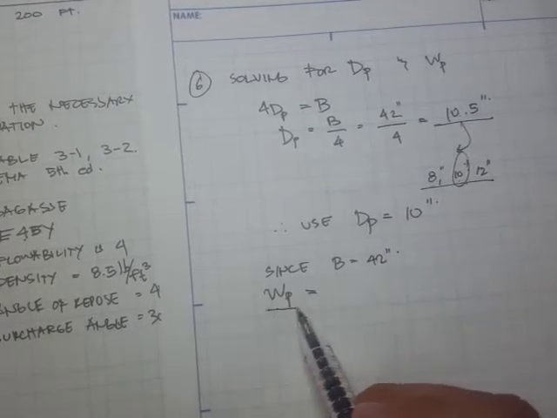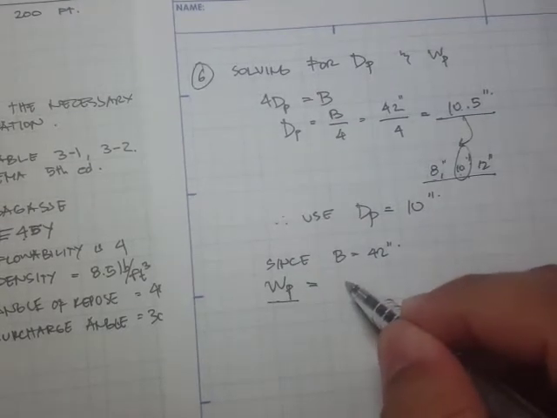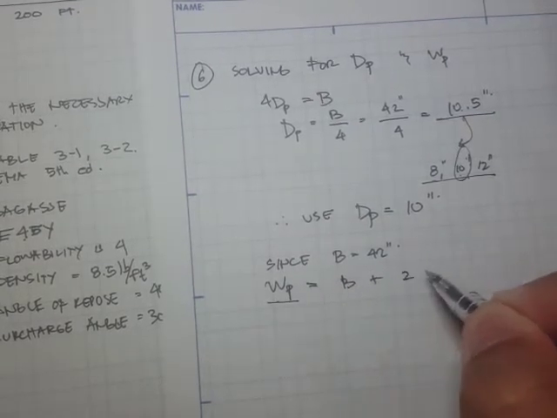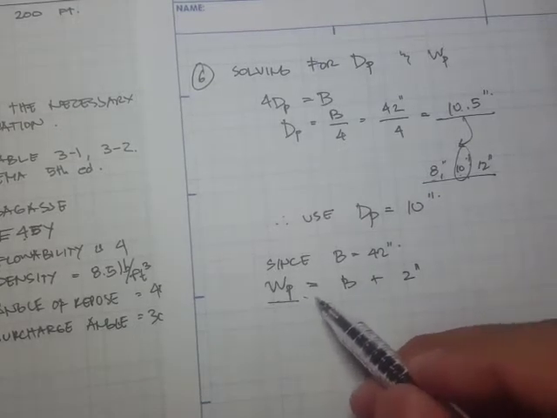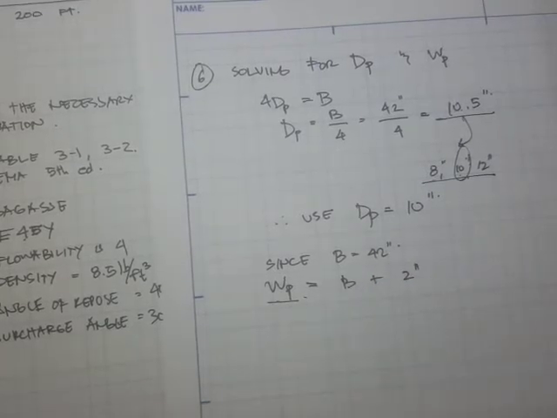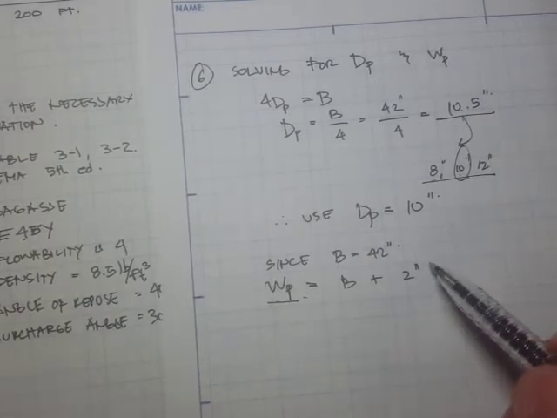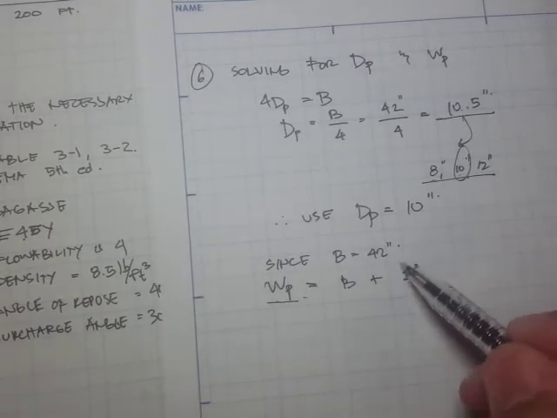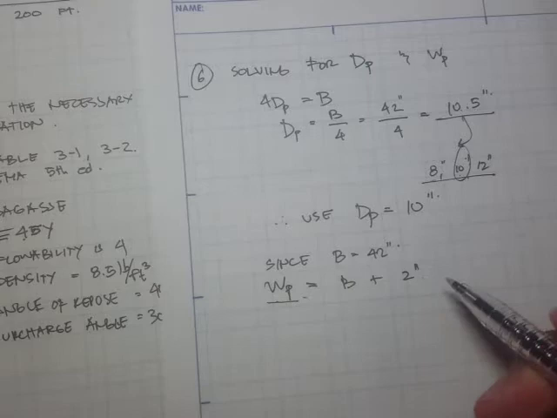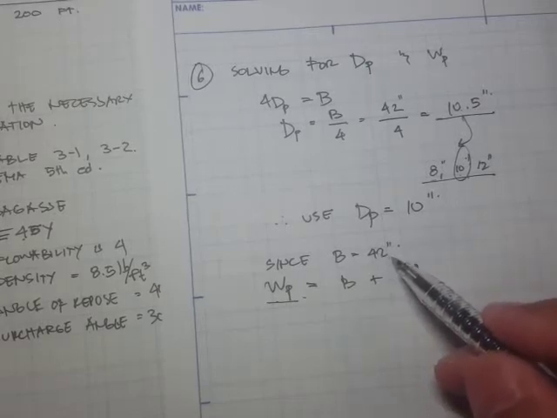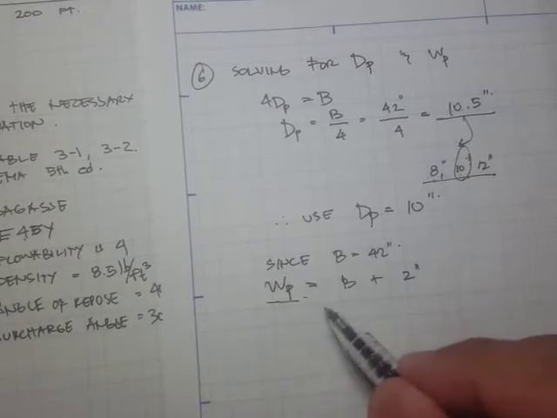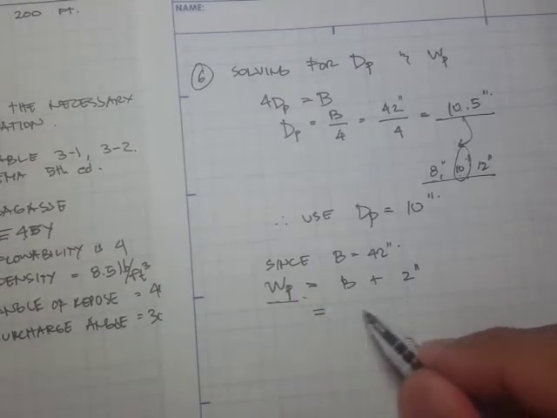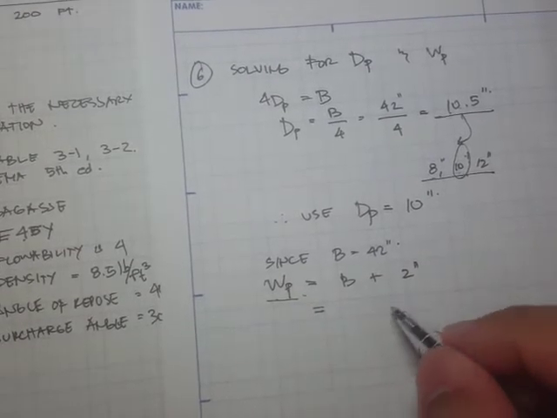Therefore our face width would be b plus 2 inches, because as long as you have a belt width up to 42 inches, then you just have to add 2 inches for the spacing. But if you have a belt width greater than this, then we have to add 3 inches.